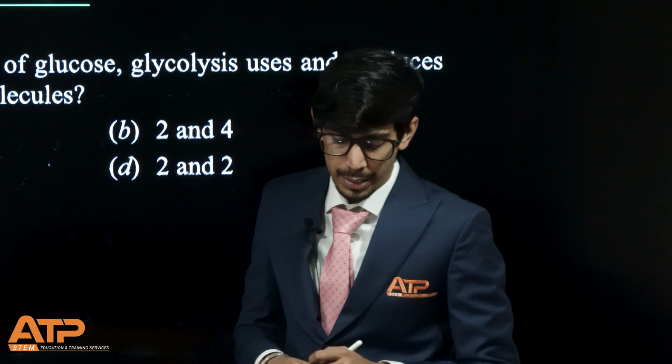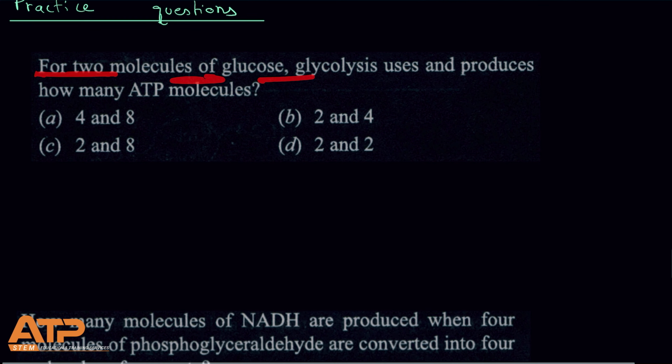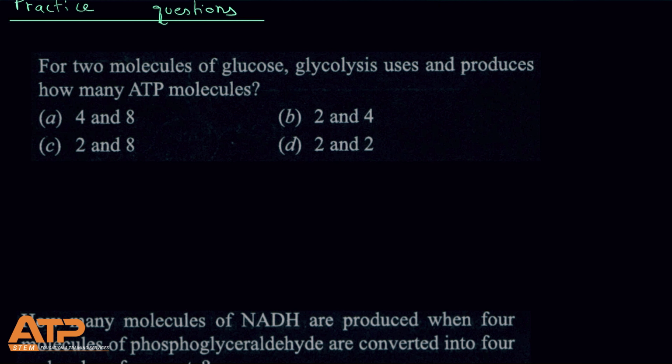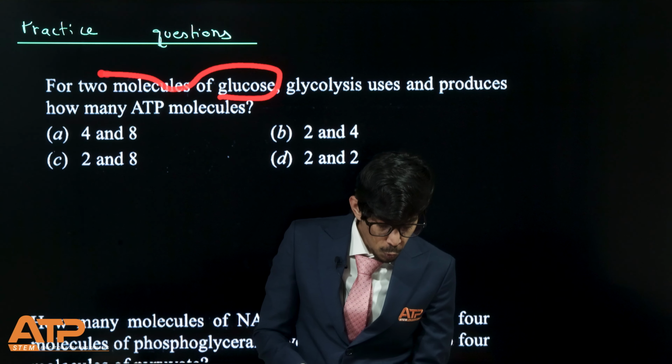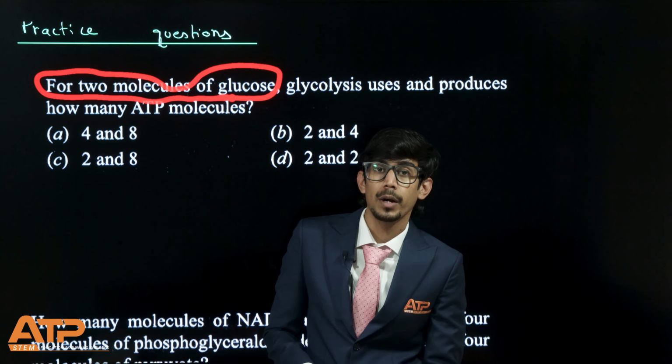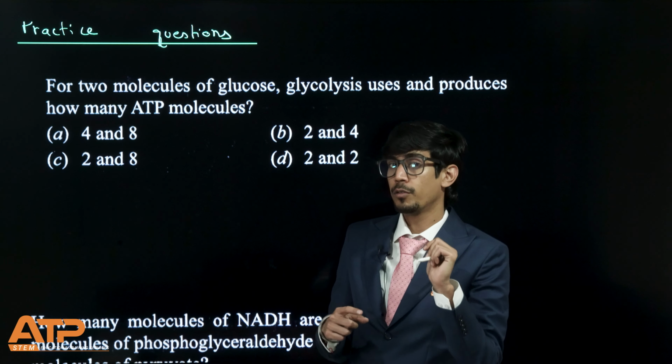The first question here is, for 2 molecules of glucose, glycolysis uses and produces how many ATP molecules? Now see here, for how many molecules of glucose? 2 molecules of glucose. What we just discussed was for 1 molecule of glucose.